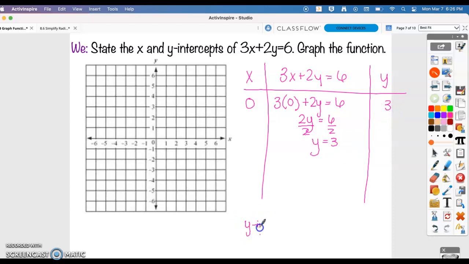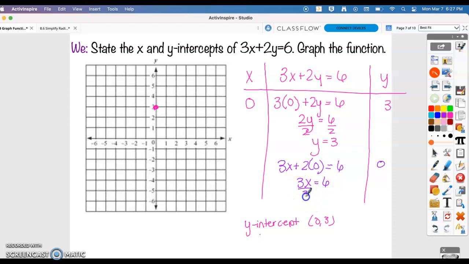So the y-intercept is (0, 3). So 0 for the x, 3 for the y, dot. Okay, we're going to do the same thing, but this time we're looking for our x-intercept, so I'm going to plug in a 0 for y. So 3x plus 2, but instead of y, we're going to plug in a 0, equals 6. 2 times 0 is 0, so we're left with 3x.